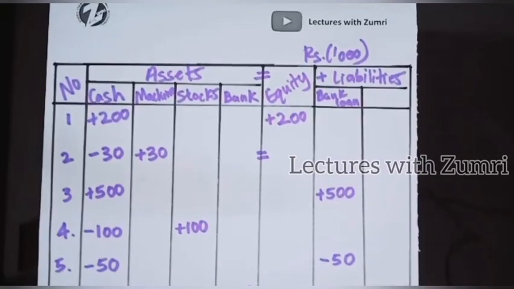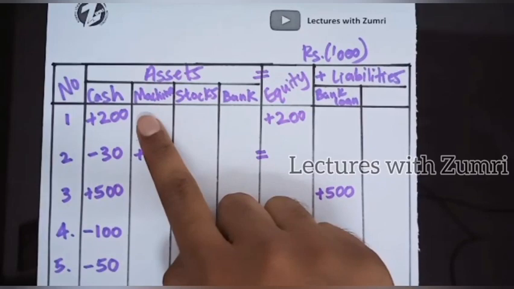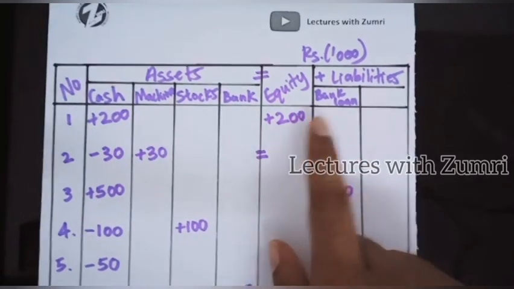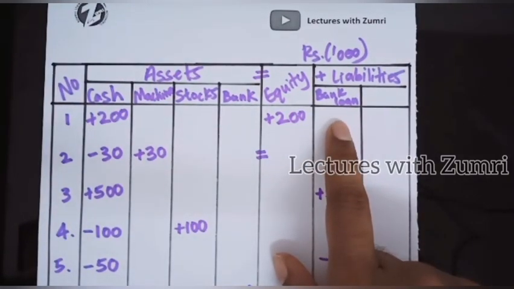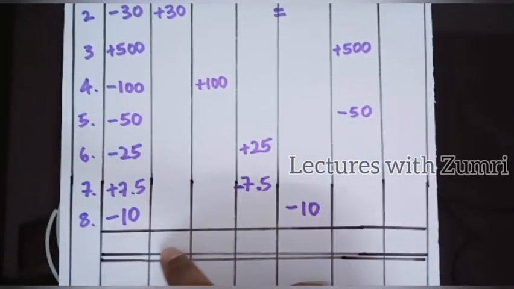So if you have tried the sum, you can send me the values of the cash, machine, stocks, bank, equity and bank loan columns. You have to get the total, right? You have to add up all these and finally get the closing values, right?